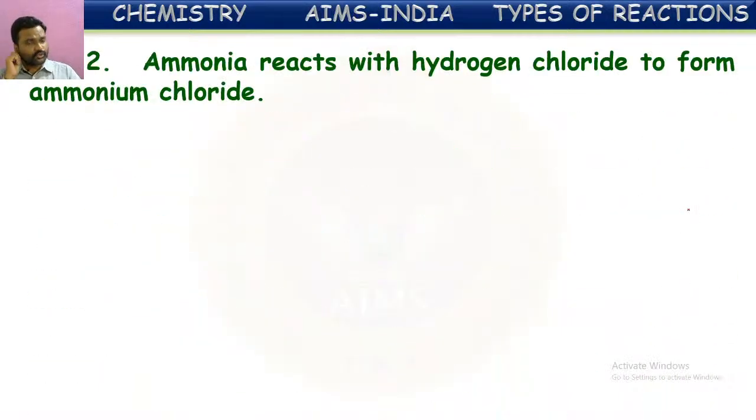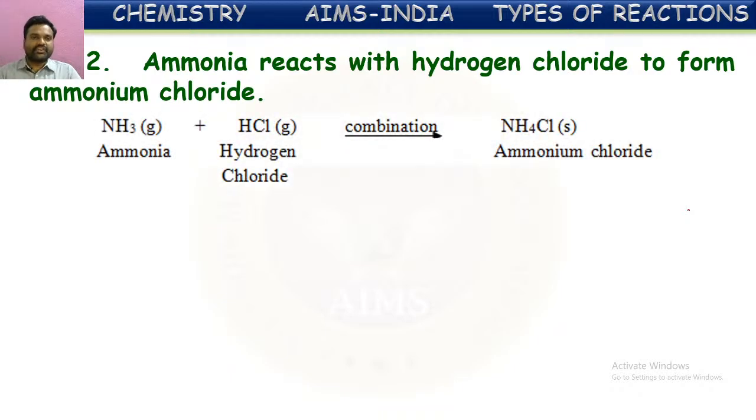One more example is shown here. Ammonia reacts with hydrogen chloride to form ammonium chloride. Here you can see the reaction. Ammonia is a compound, hydrogen chloride is also a compound, and finally ammonium chloride is formed. So in this type of combination reaction, two compounds combine to form a new compound.